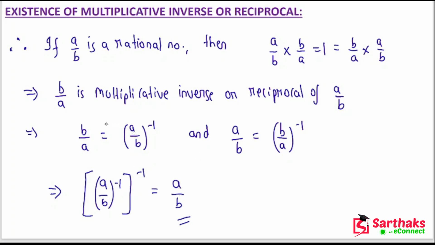The inverse of an inverse is nothing but the same number. So the reciprocal of a by b is b by a, and the reciprocal of b by a is again a by b. In other words, the reciprocal of the reciprocal of a rational number is the number itself. Clear? Let me show you some important points about multiplicative inverse.